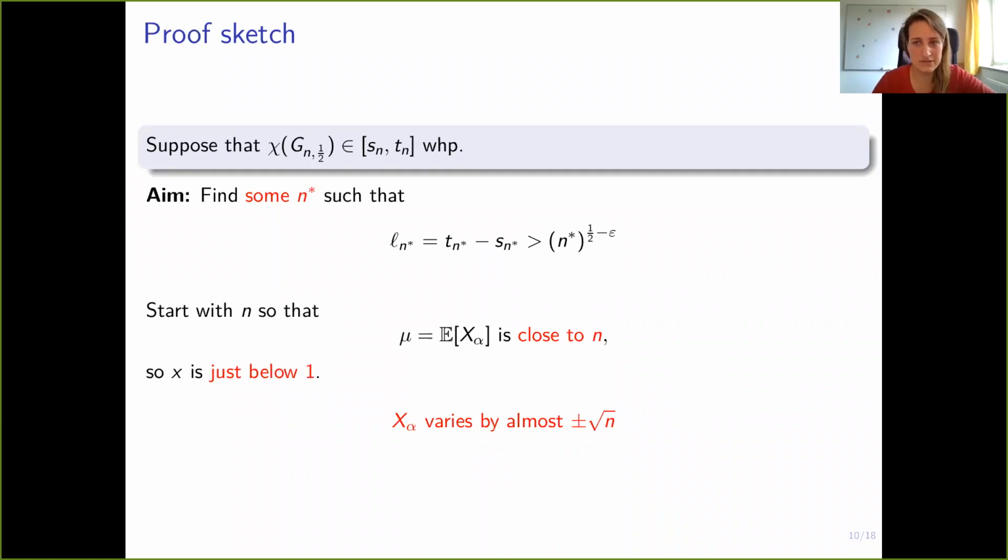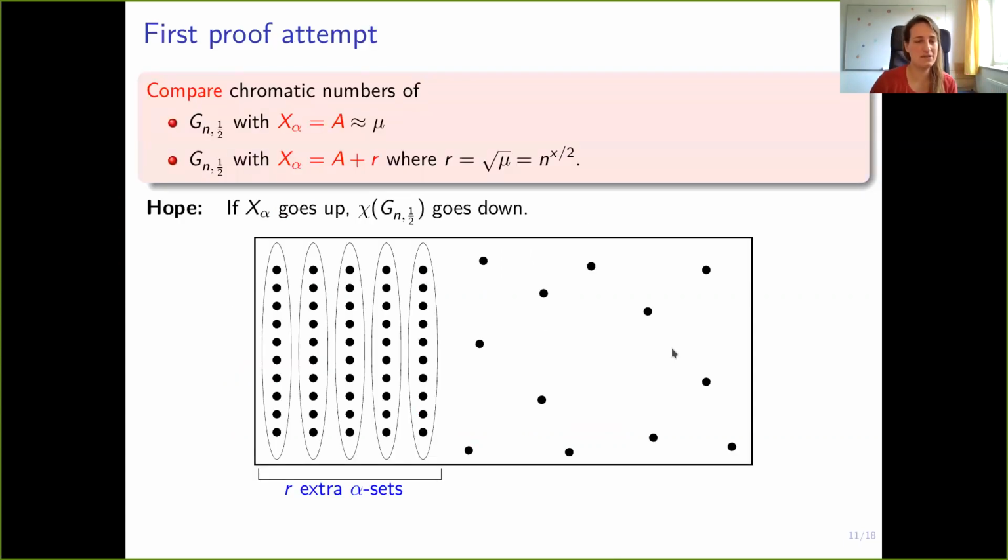If you know about the variation in the number of alpha sets. So first attempt you might have, or first idea, might be, well, okay, we could look at different instances of G(n, 1/2), conditional on some number of alpha sets. So here we could condition G(n, 1/2) on having a alpha sets, where a is some typical number, say roughly the expected number of alpha sets.